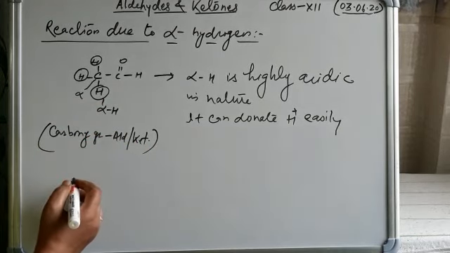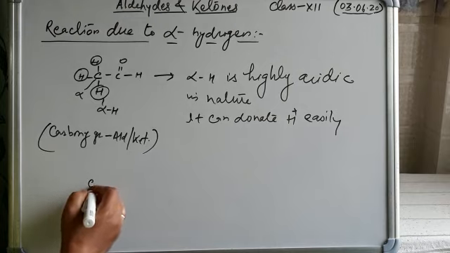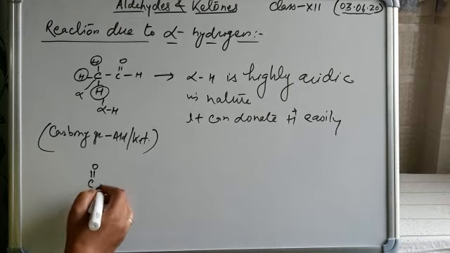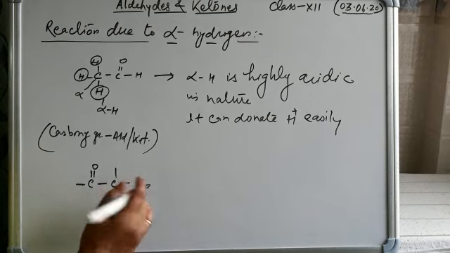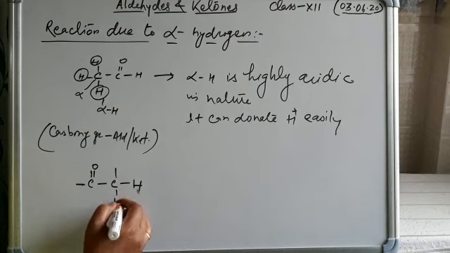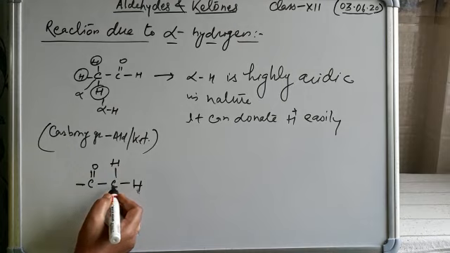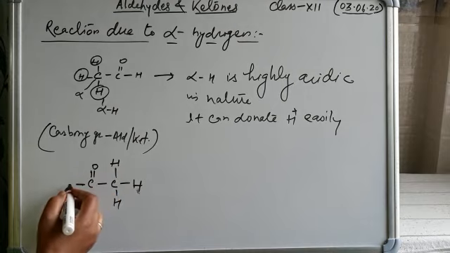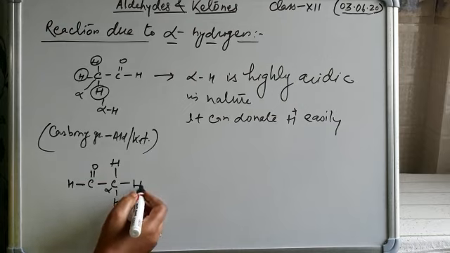So at first, see how the releasing of H plus ion takes place, means releasing of alpha hydrogen takes place. At first see here. This is either aldehyde or ketone, and this carbon which is adjacent to the functional group, suppose this is aldehyde, this carbon is adjacent to the functional group of aldehyde, so this is alpha carbon, and hydrogen here is known as alpha hydrogen.